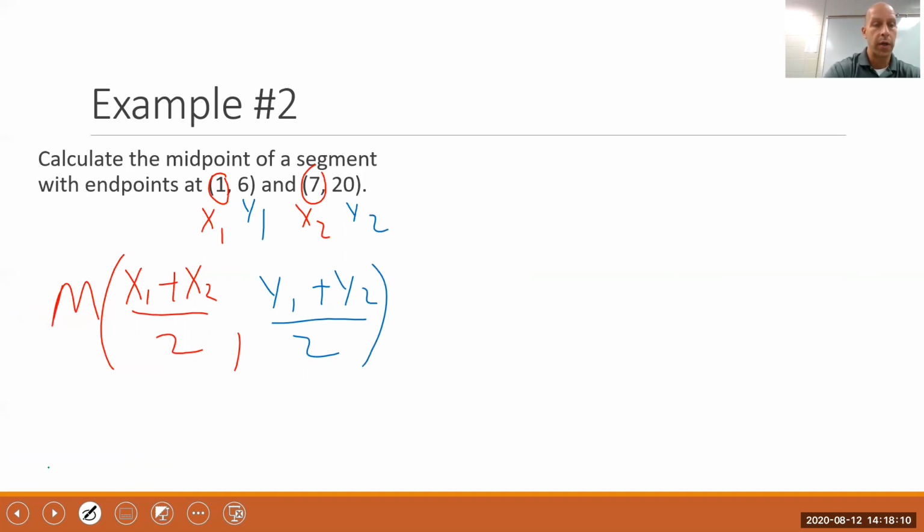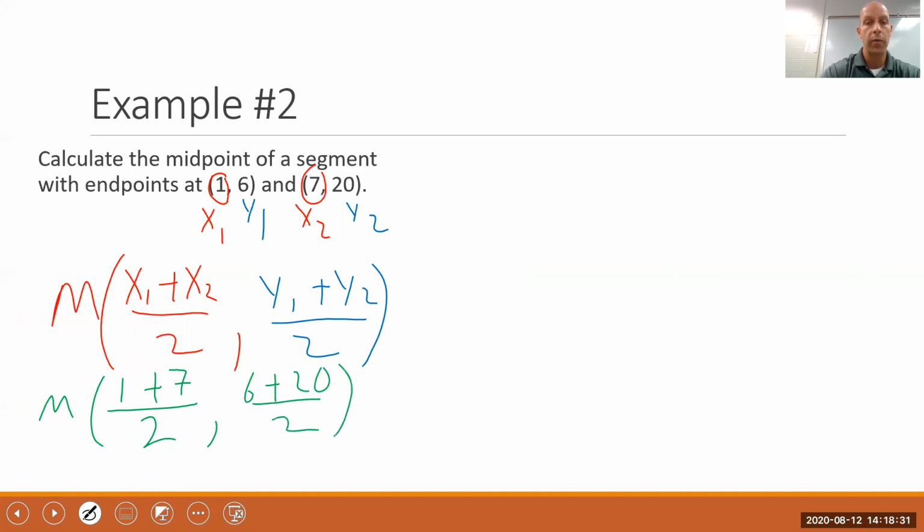Let's do our answer here in green. The midpoint is going to be x1, which is 1, plus x2, which is 7, added together and divided by 2. And then y1, which is 6, plus y2, which is 20, divided by 2.